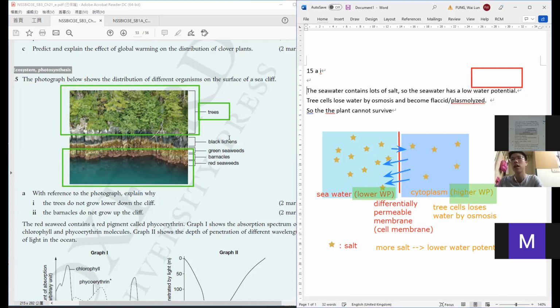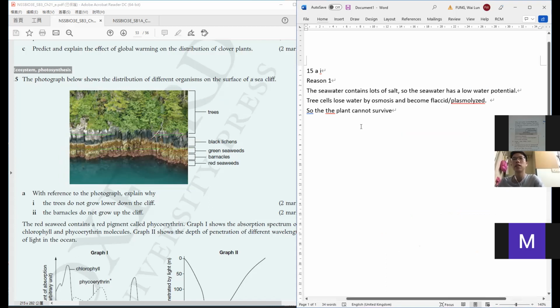Yes, okay, I saw your answer. So reason one is that the tree loses water. Reason two.